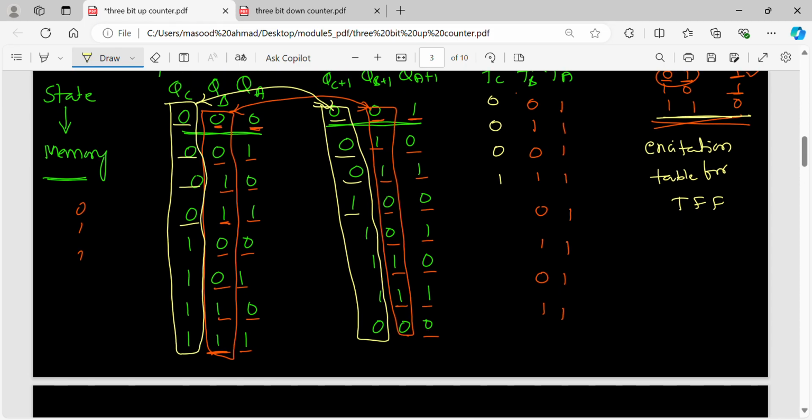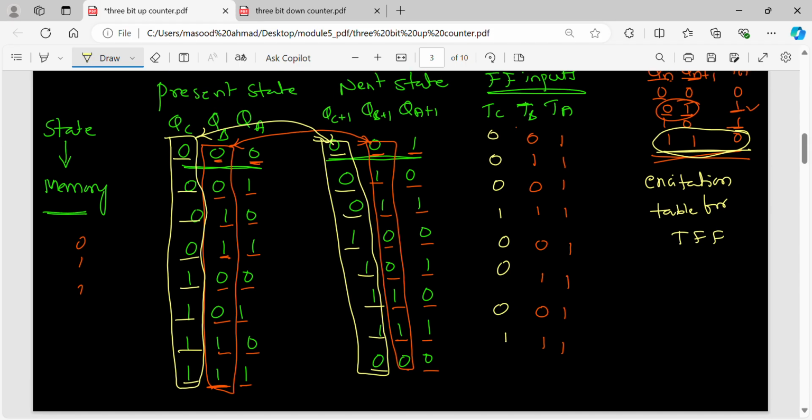So now this is one, this is one, this is one. That means three consecutive zeros. For 1 1 or 0 0, the TA should be 0 from the excitation table of the T flip-flop. Next for 1 0, it is 1.